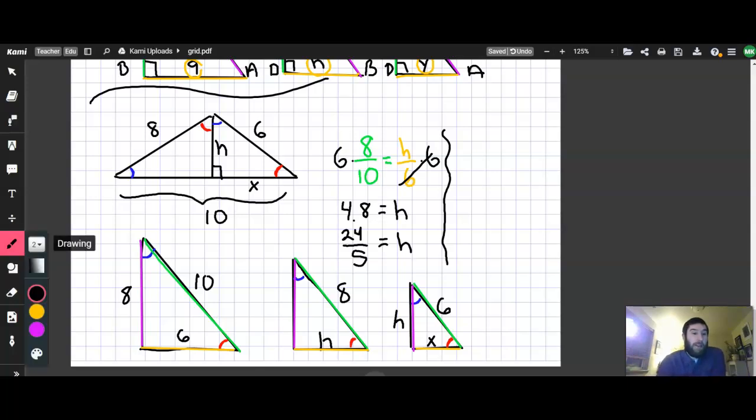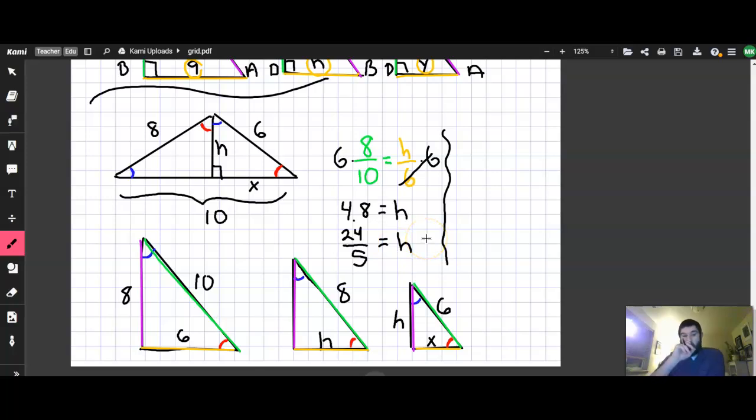So, ladies and gentlemen, let's do the same thing and solve for x. Now we could match up x with h, and generally that's an okay thing to do, but I'll admit in this case, because of the fact that it's a decimal and a fraction, I'm going to want to pick our whole numbers instead. And so we're going to go ahead and match up x with 6 in our big triangle and 6 with 10 in our big triangle.